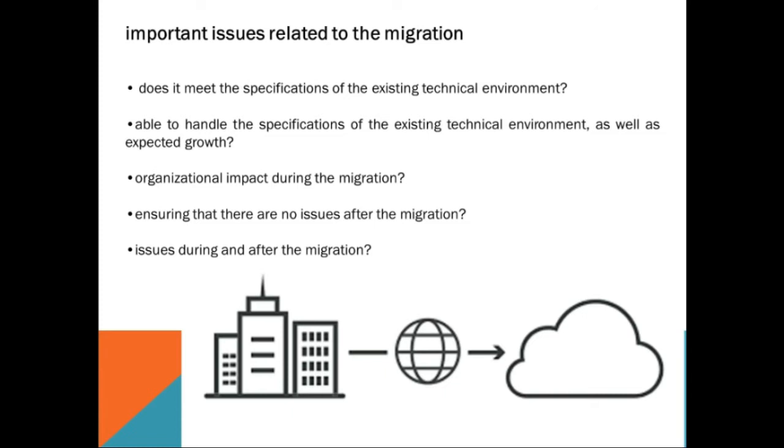They need to search what are the available cloud services or providers in their region, or as a whole, who are the best service providers. So first they have to identify the availability of these providers, and then they have to think about whether the cloud providers meet the specification of the existing technical environment which the company is dealing with.